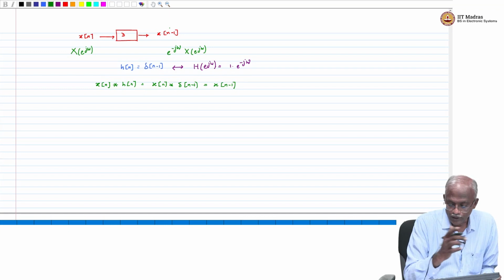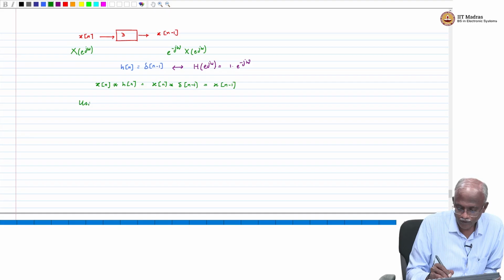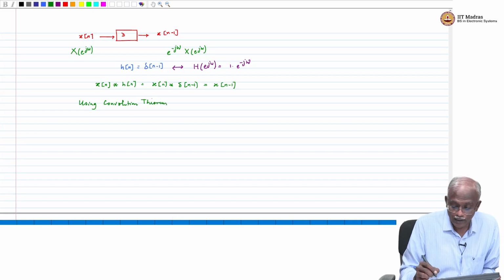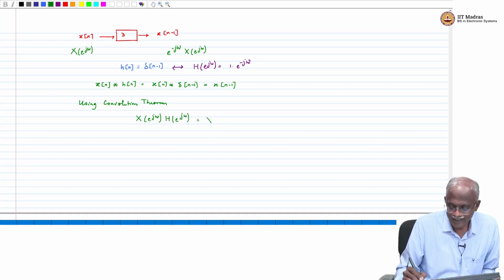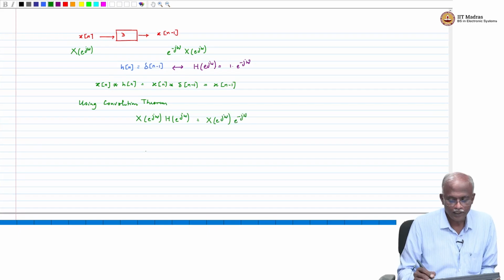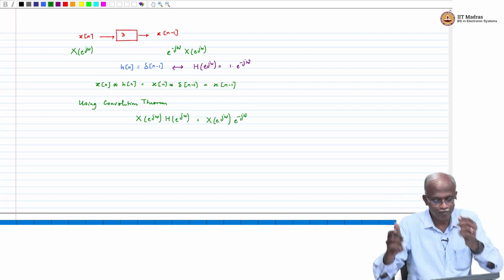The output of the two functions, using the convolution theorem, is X e of j omega times H e of j omega, which is the same as X e of j omega times e power minus j omega, which is what you got when you took just the discrete time Fourier transform of x of n minus 1.